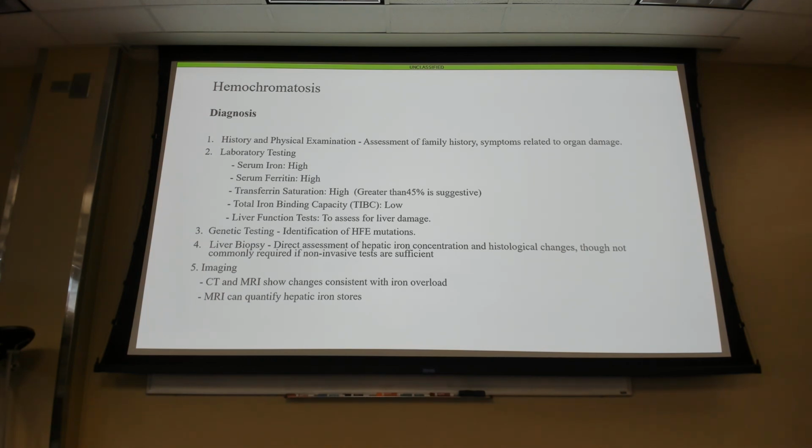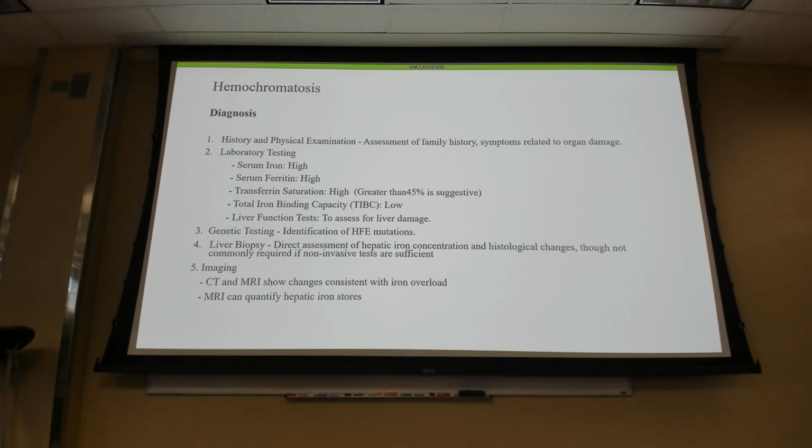And the classic one that we talked about is the genetic one. Liver biopsies. These patients a lot of times will end up with cirrhosis or go on to have liver cancer. Imaging, CT, MRI, right? These are more high-fangled stuff.